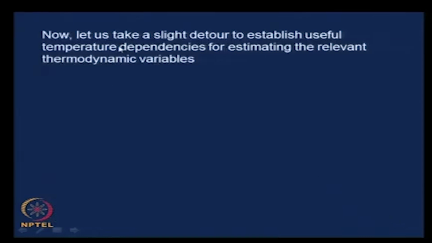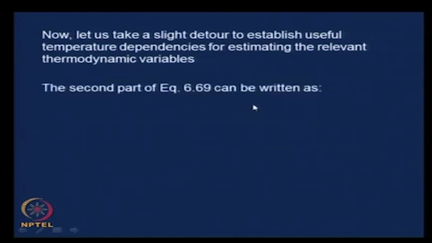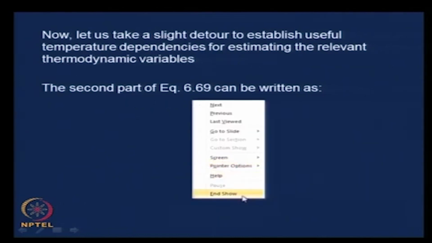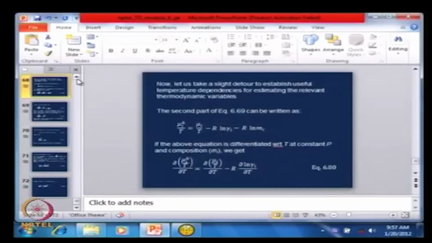Now, we are going to take a slight detour to establish useful temperature dependencies for estimating the relevant thermodynamic variables here, the equilibrium constant and so on and so forth. For that, we are going to write the second part of equation 669. What is 669? Let us go back and show that to you.